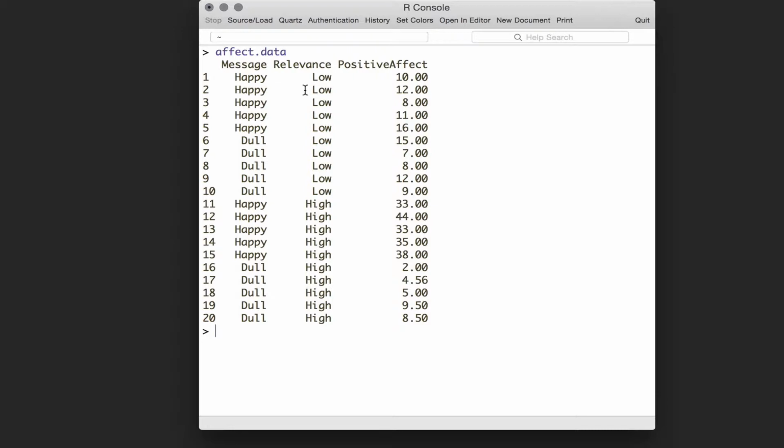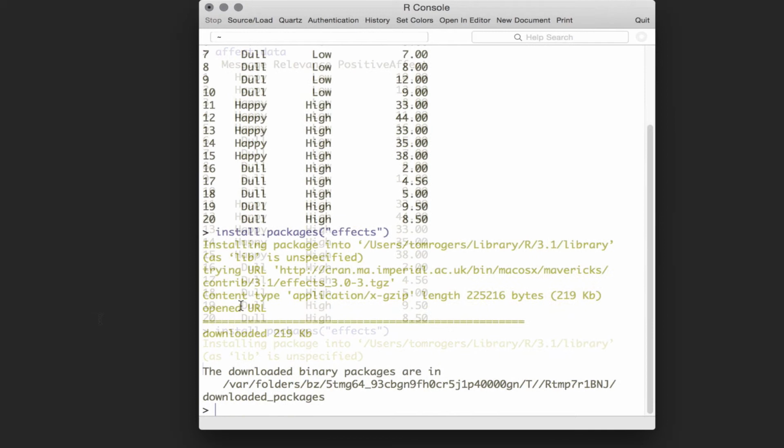So to do that, we want to download a package called effects. So we're going to go install packages, effects, that's going to download.